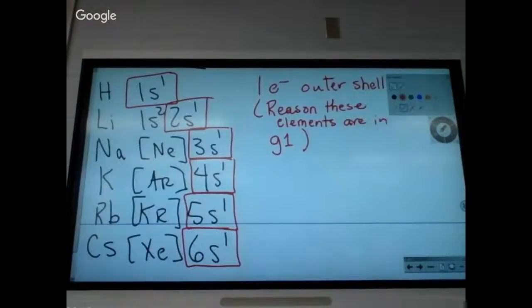So when people ask, why is hydrogen in group 1, even though it's a non-metal and it's a gas? It has 1 electron in the outer shell. Okay? Now, we want to talk about how it gets an oxidation number. That's where we're going with this.